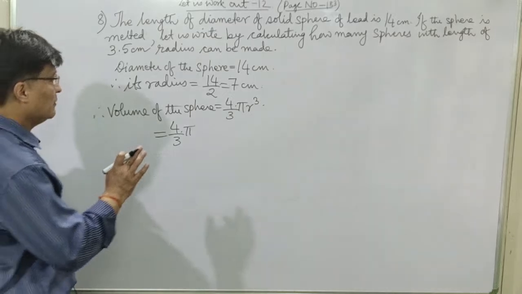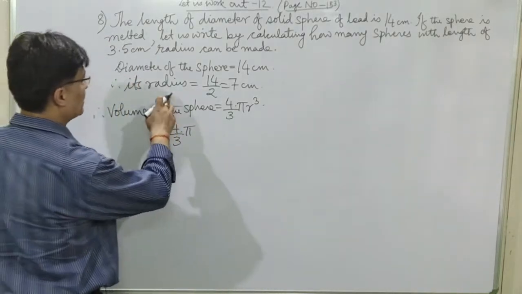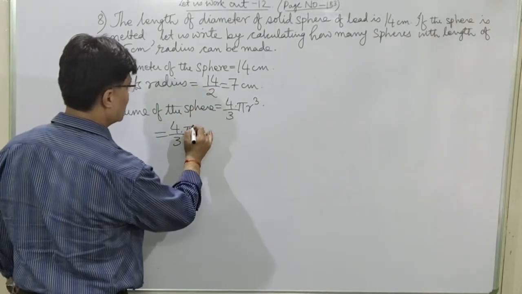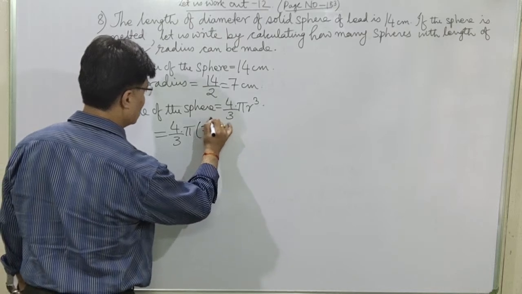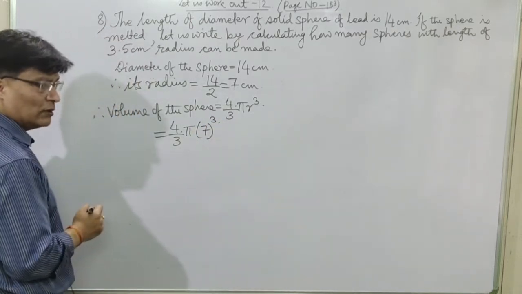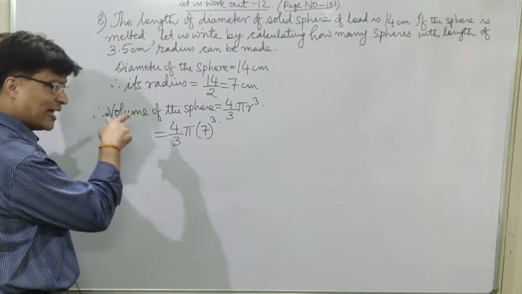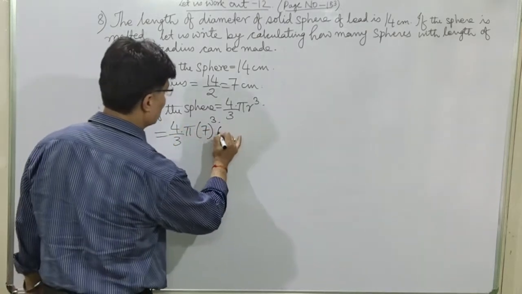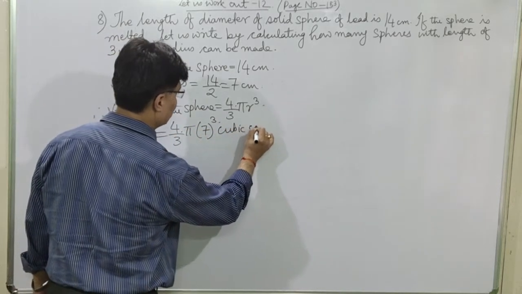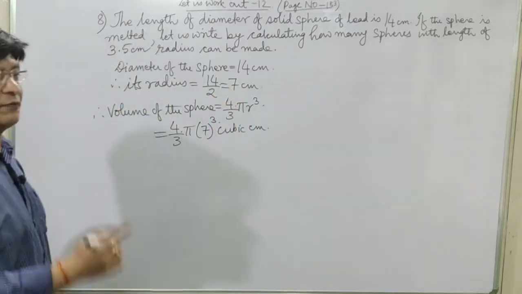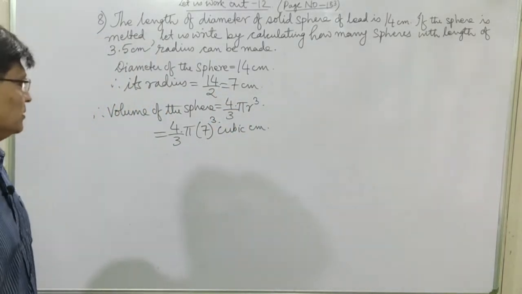Okay? And then 4/3 pi, then what is r whole cube? This is your 7 whole cube. So let us write it as it is, right? So this is your cubic centimeter. So this is the volume of the original sphere.